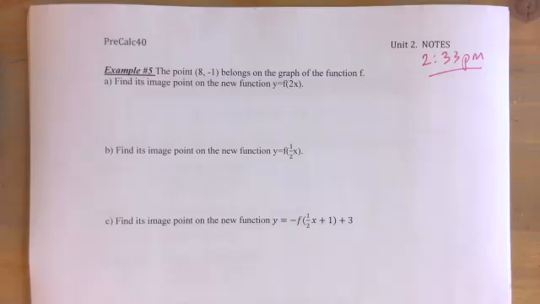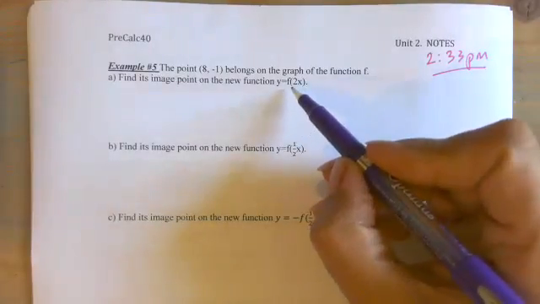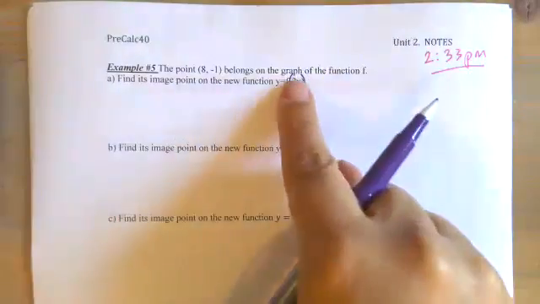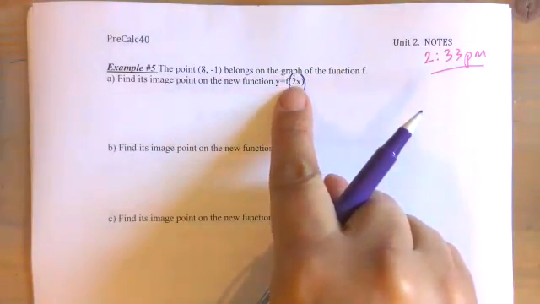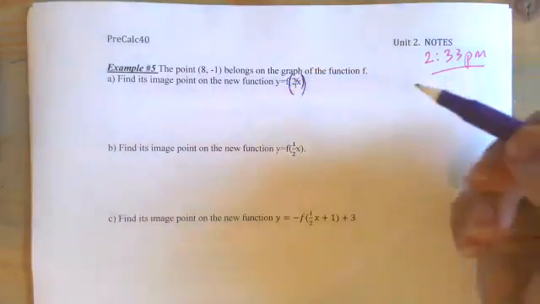So example 5, the point (8, -1) belongs to the graph of the function f. Find its image point on the function y equals f of 2x. So you can see f of 2x, that means that's a b parameter, which refers to the horizontal transformation. And then you want to always factor it out.